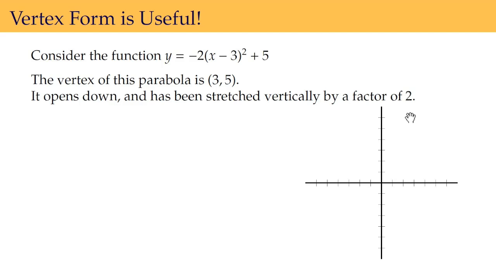To sketch this, when you move over from the vertex 1, you would move down 2 since it's been stretched. When you move over 2, you square that and then multiply by 2 because of this, and you'd move down 8. Let's actually see that graph. And there is the graph.